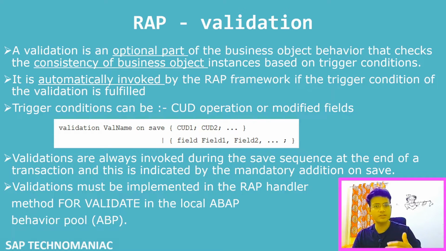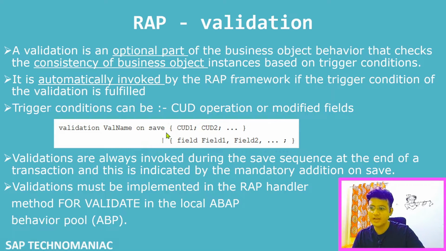Once the interaction phase is over, when you click on the save button or the create button, after that you can't update any values. At that time this validation will trigger. At that time those particular values will be checked, if those values changed, or during the operations which you have defined in the validation. So this always triggers on save.